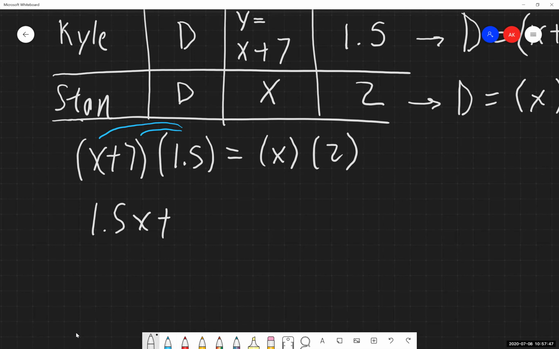And again, at this point in time, if you've got decimals showing up or anything like that, any computations, you can go ahead and use your calculator to do any number crunching that you need to.